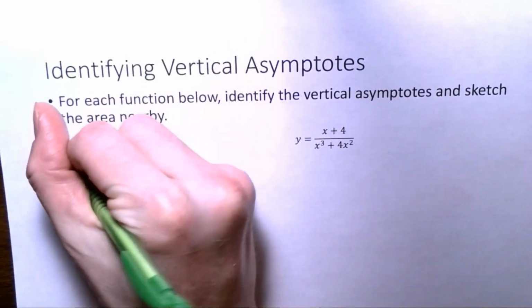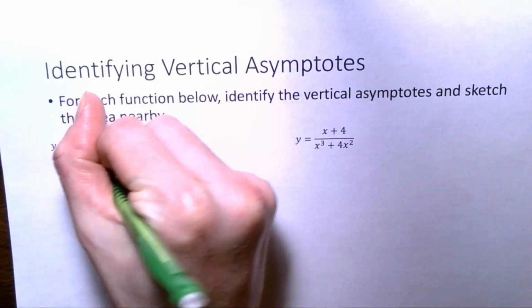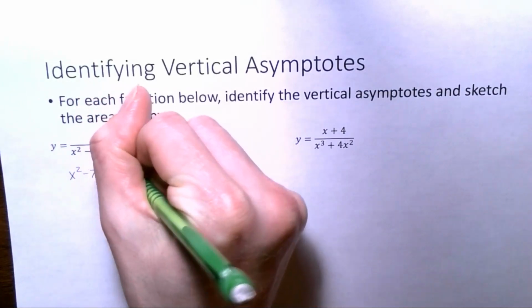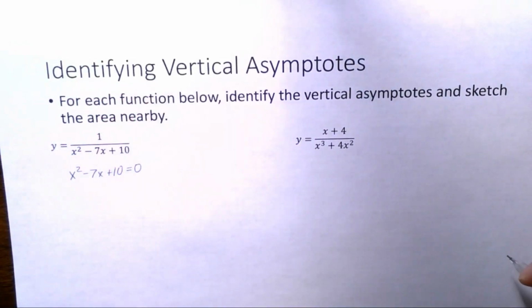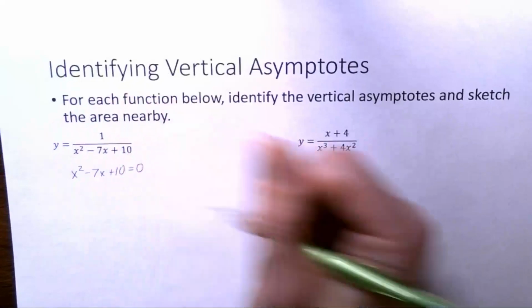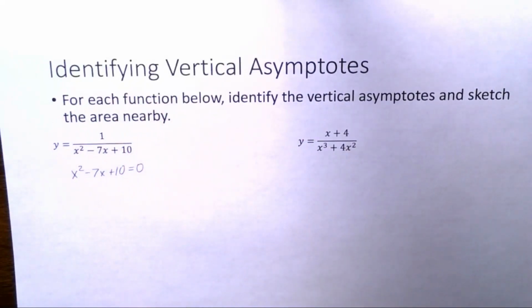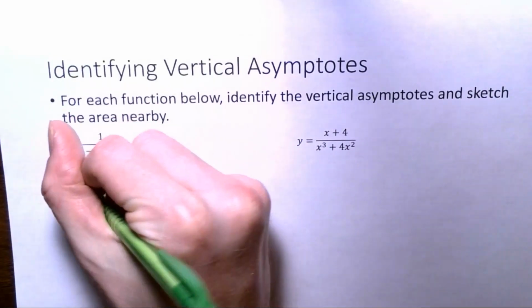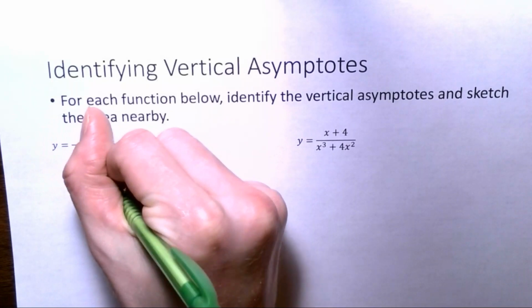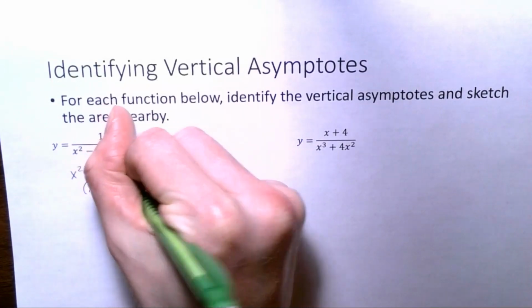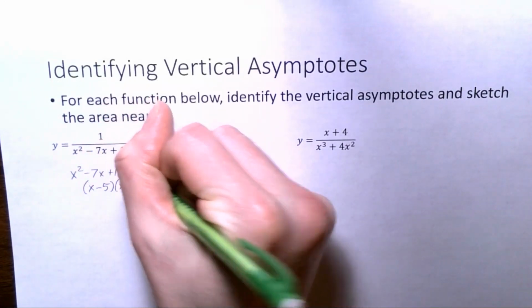So we start out with x squared minus 7x plus 10 is equal to 0. You can solve that in any number of ways. For me, the way to solve this would be to try to factor first, which factors nicely. So this ends up factoring to x minus 5 times x minus 2 is equal to 0.